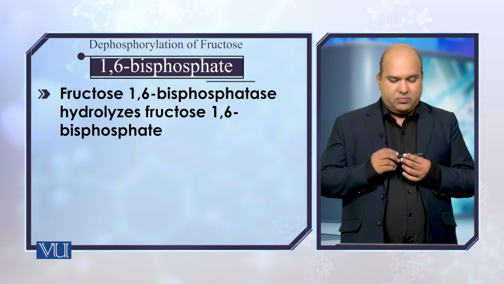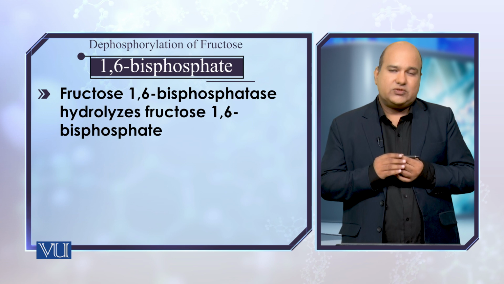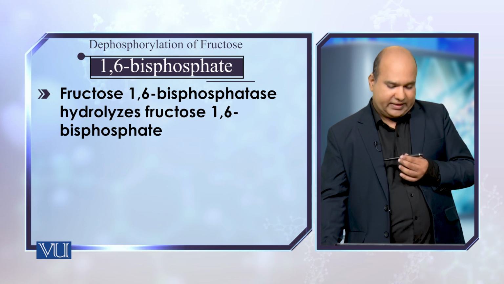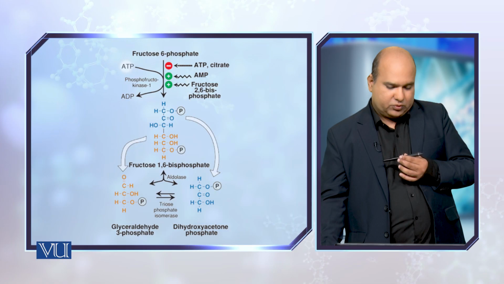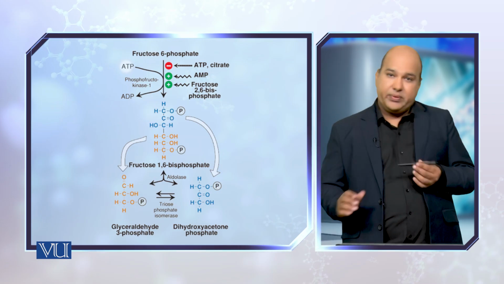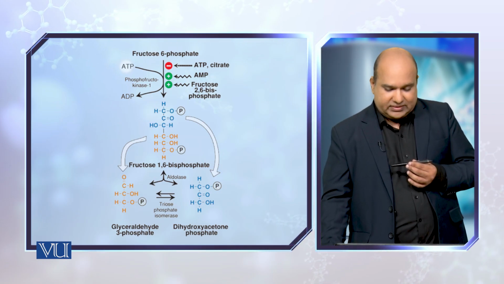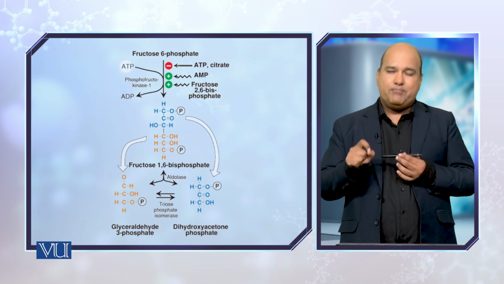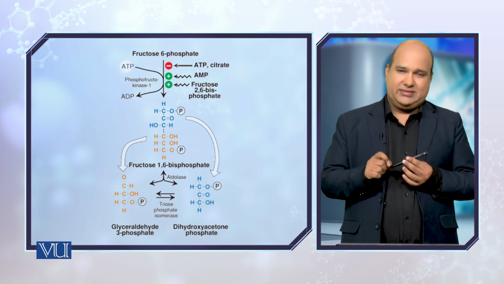If you remember fructose 2,6 biphosphate in glycolysis, you must have gone through it in some of our previous topics, it acts as a very potent, perhaps the most potent, regulator of glycolysis.